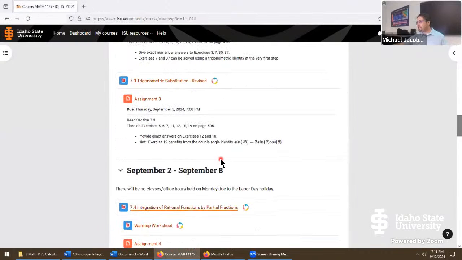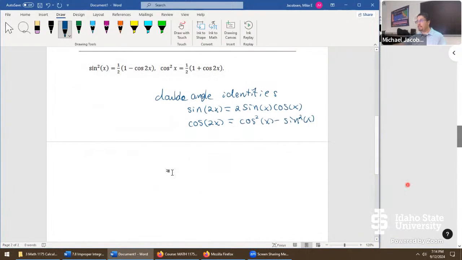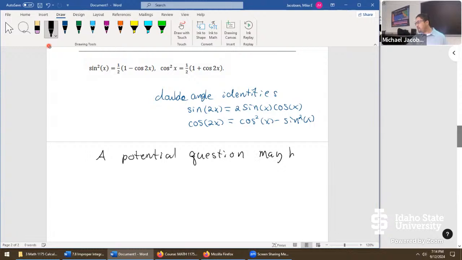Another breakdown could go like this. Let's do one over here. So again, this is like a partial question, just so that the exam isn't so hugely long. A potential question may be something like this. You're given just a random integral. Let's say it goes about x squared plus 3 sine x dx.